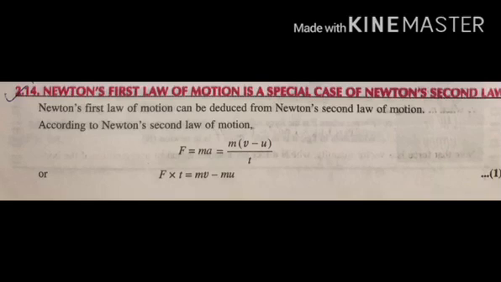Now Newton's first law of motion is a special case of Newton's second law. Newton's first law of motion can be deduced from Newton's second law of motion. According to Newton's second law of motion, F = ma = m(v - u)/t. So F t = mv - mu.